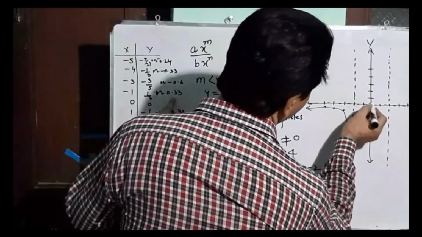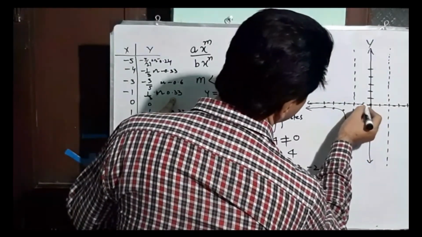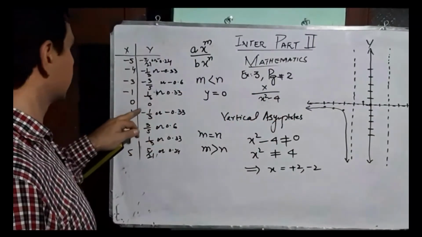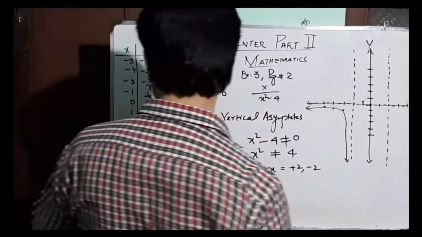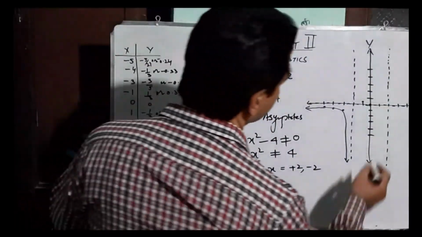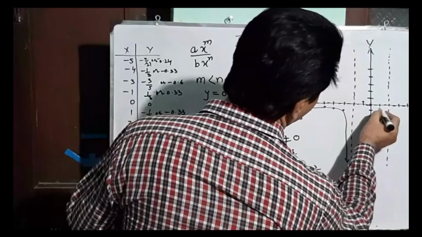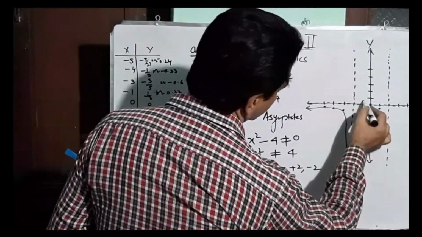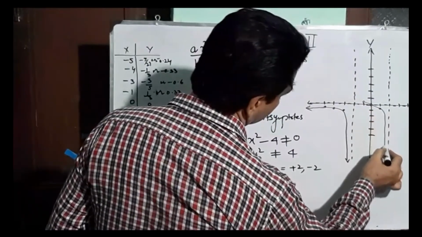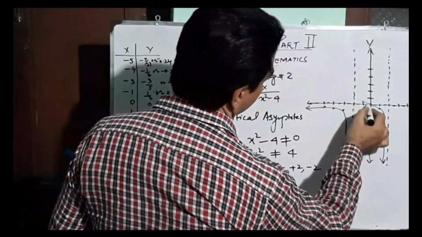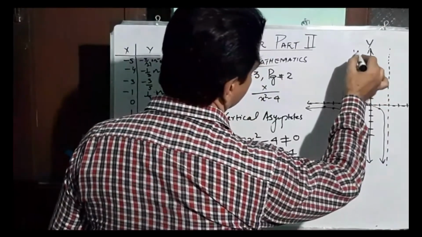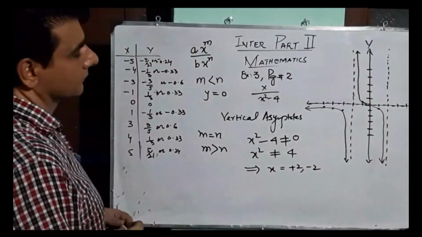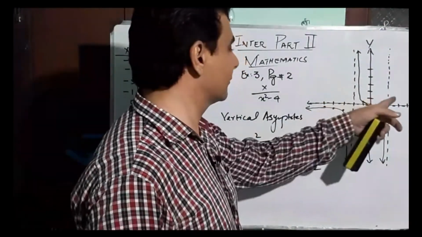For a positive y value, we will make these three parts and put a dot here. And for 0 we have already drawn, and for 1 negative, it will be here. So you can see it is increasing in this. It will be like this, and it will go hand in hand with the asymptote. So these are the restrictions, asymptotes.